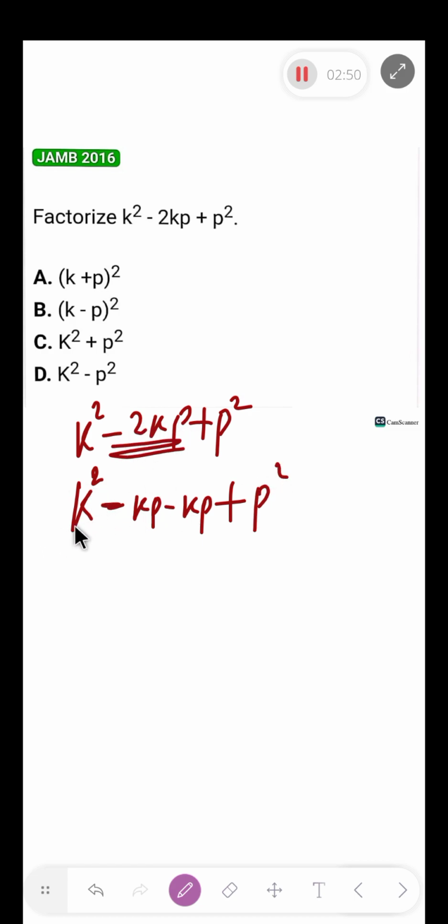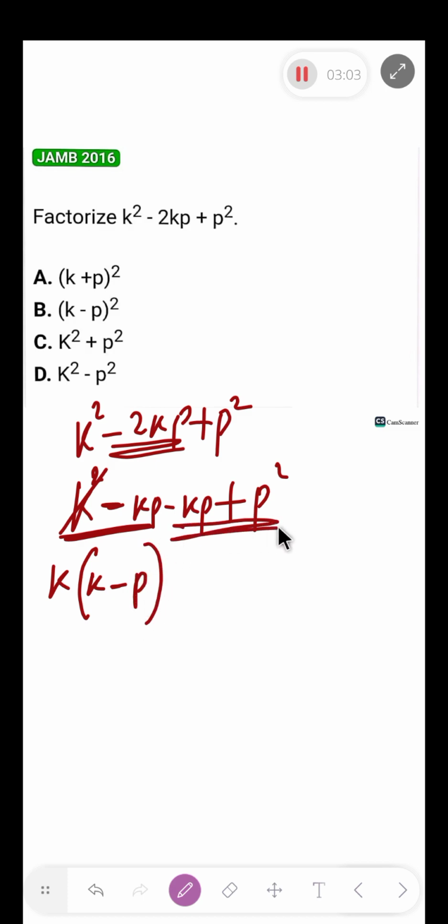So in this case, by the time you group this into 2, from here I can say k is common. If k is common, k squared divided by k, I have k left. Then minus kp divided by k, I have minus p left. So between this and this, I know to use minus as a common factor, but I know that p is common between the two of them. Let's say this is minus, I have minus p in this case as common.